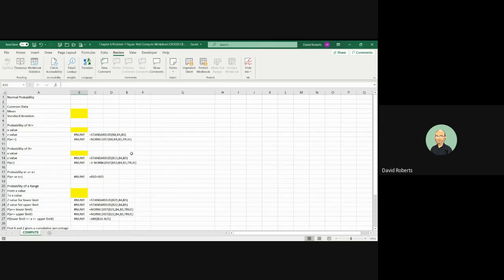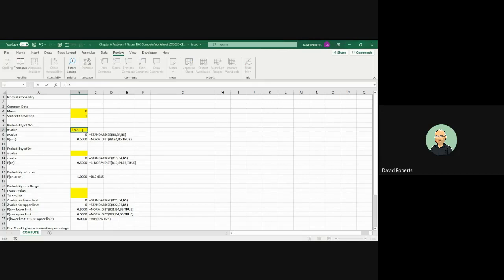So in part A, we're asked to calculate the probability with Z being less than 1.57. And this is based on a standard normal distribution with a mean of 0 and a standard deviation of 1. So we put in 0 here and 1 here. Now it's less than, so we put the 1.57 here.